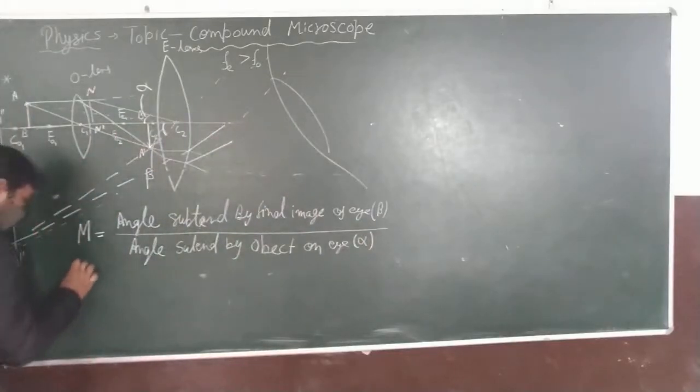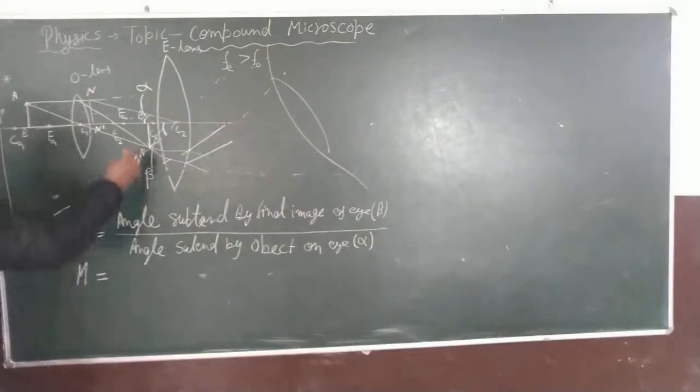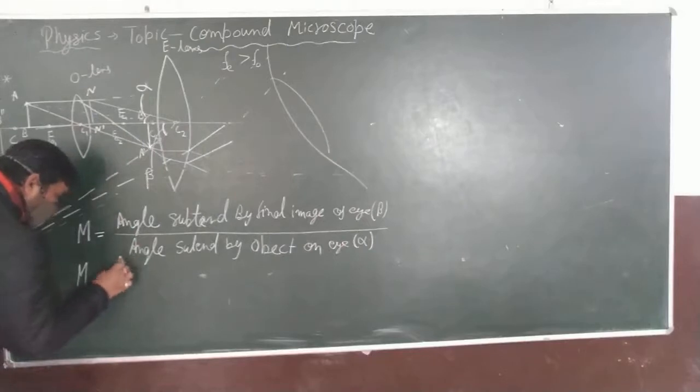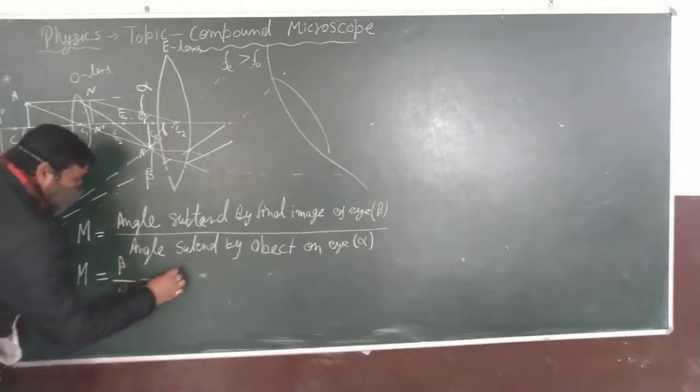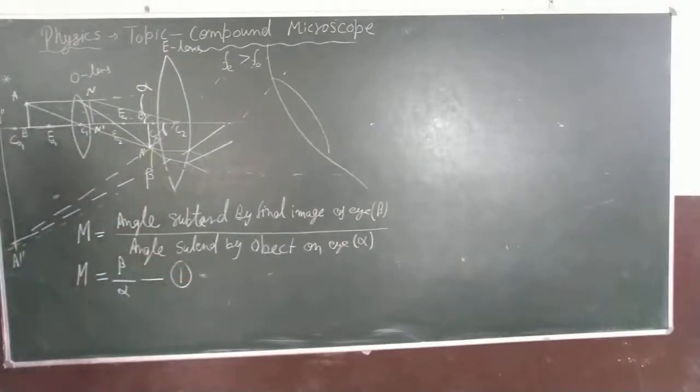Therefore, the magnifying power of a compound microscope is beta upon alpha. This is equation first.